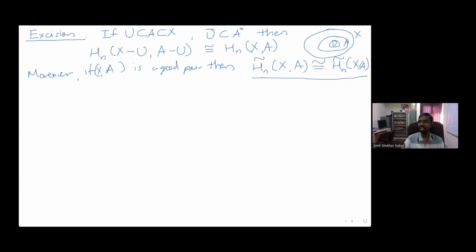This excision is also another property which is in the Eilenberg-Steenrod axioms. This is also one of the axioms.